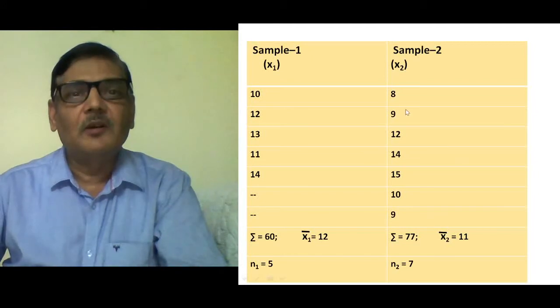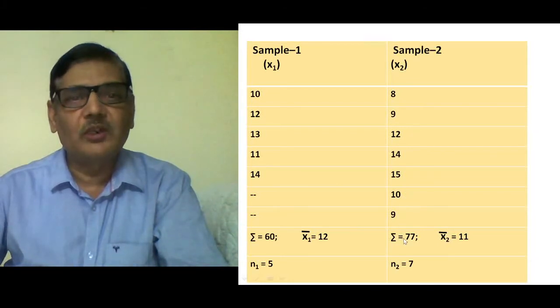In sample 2, when we add all the individual observations, the total comes to 77. N2, the number of observations in sample 2, is 7. So 77 divided by 7, this mean value comes to 11. X2 bar has come 11.